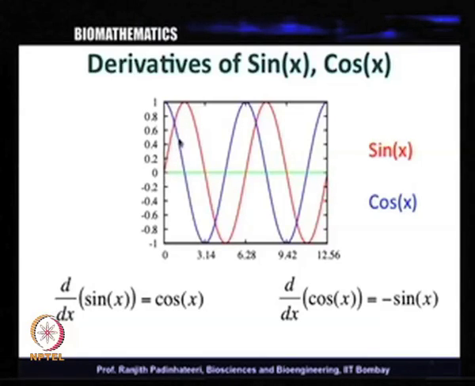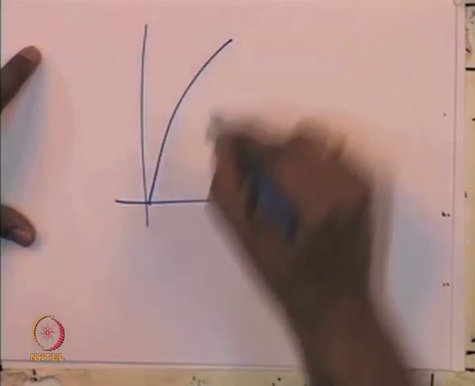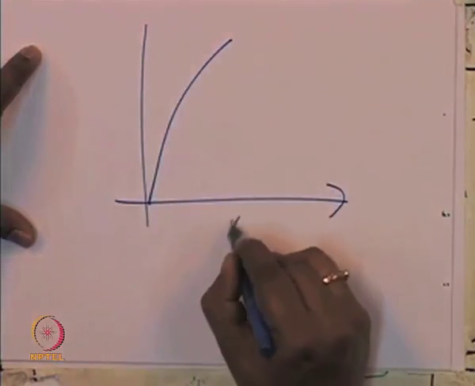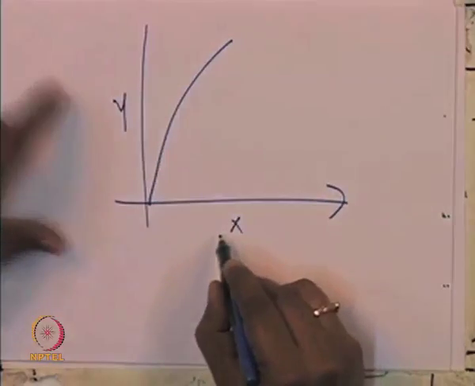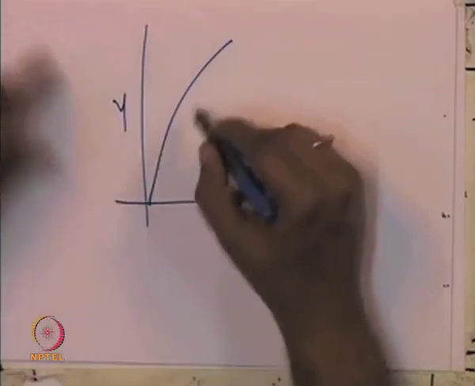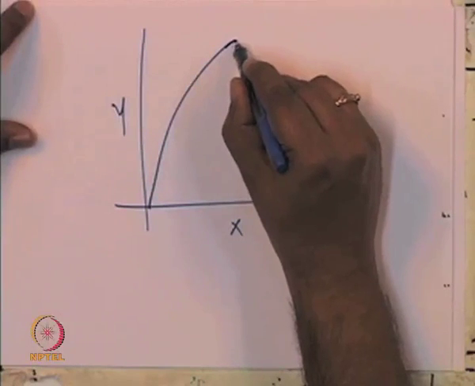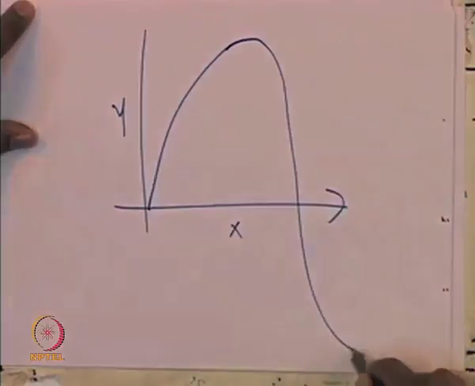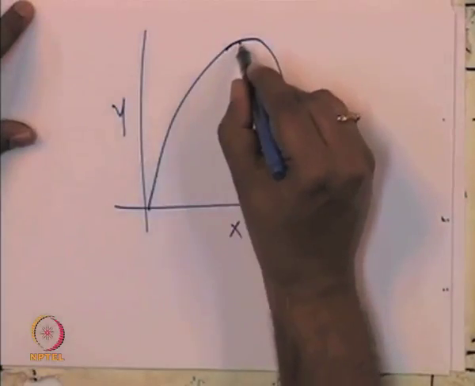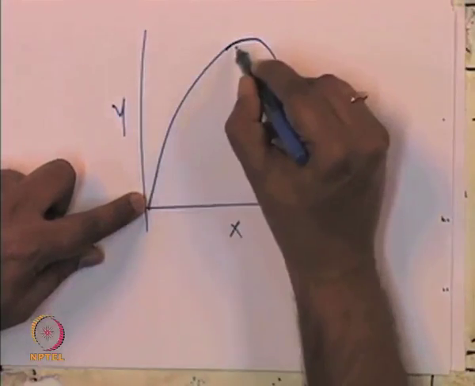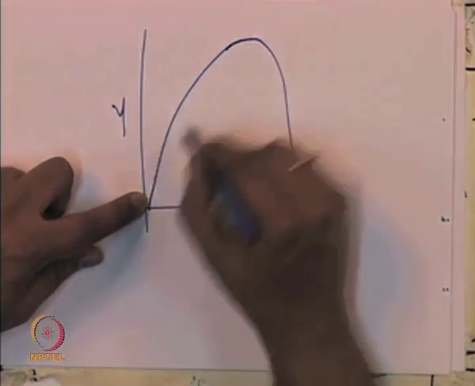What does it mean? If you just look at the red curve, it is something like this. So, this is x and this is y. As x increases, y is also increasing. So, in this part, as x increases, y increases.